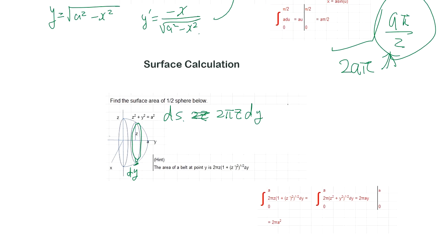Okay, so s equals the integral from 0 to a of 2 pi z dy. And what is z? Z equals the square root of a square minus y square. So we plug that in, and we calculate that integral. Okay, then we get the half of the sphere. Okay, the same thing.